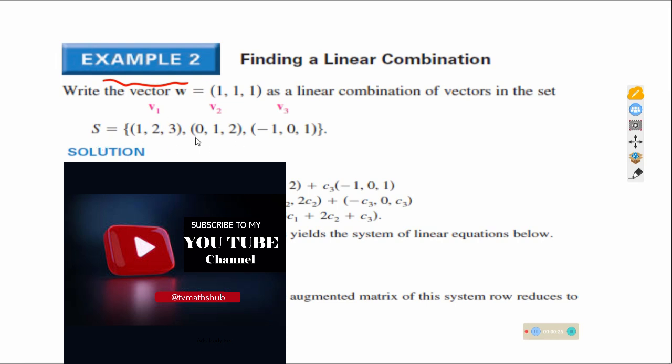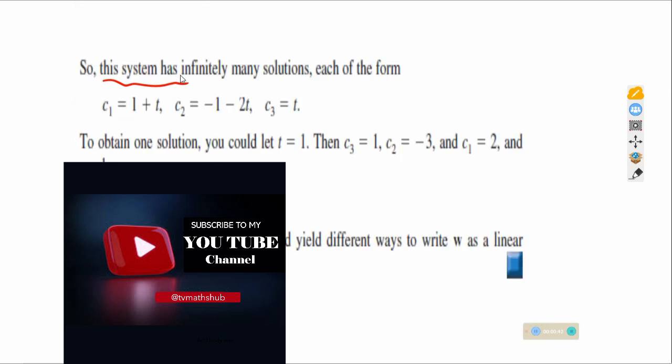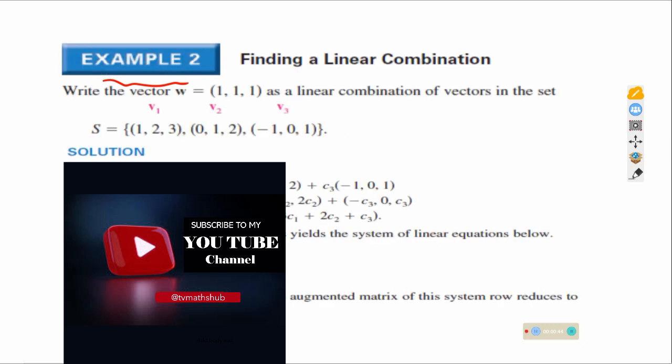So we want to see if W changes but S remains the same. Can this W, (1, -2, 2), be written as a linear combination of these vectors here? That is what we basically need to look at.